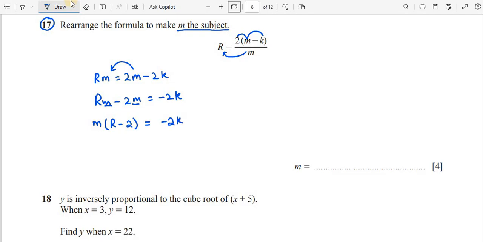So divide by R minus 2 to make M the subject. M is equal to minus 2K over R minus 2. So the final answer is minus 2K over R minus 2.